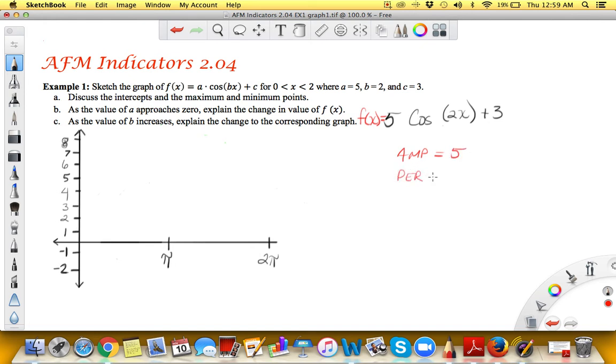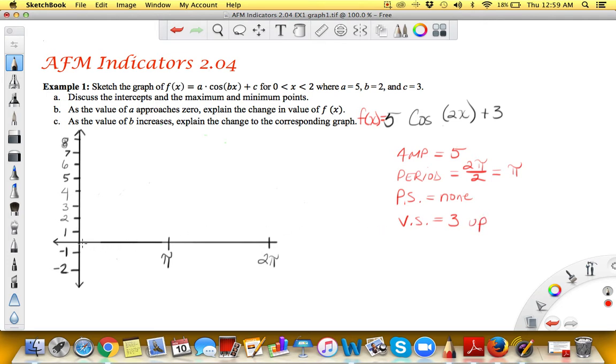The period is equal to 2 pi over b, which simplifies to just pi. The phase shift, in this case, there is none. And the vertical shift, in this case, it is c, which is 3, and it's going up.